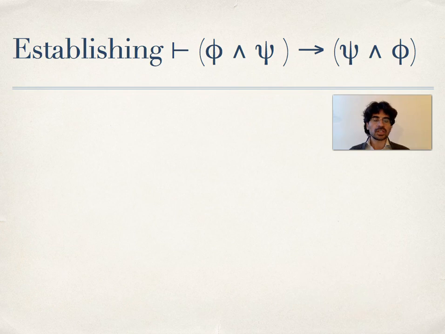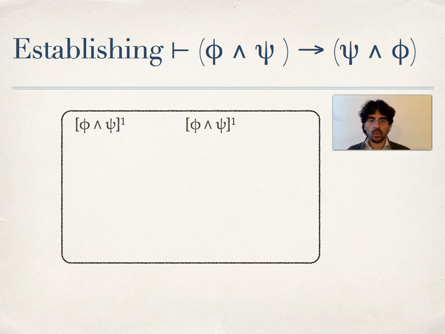Let's now consider the commutativity claim, namely that phi and psi implies the inverse, namely psi and phi. We start our derivation tree by assuming twice the conjunction phi and psi. So this is repeated twice on top at the beginning of our derivation.